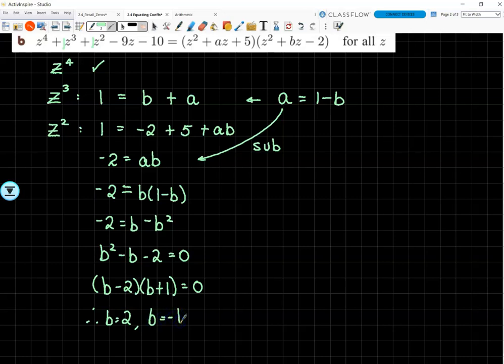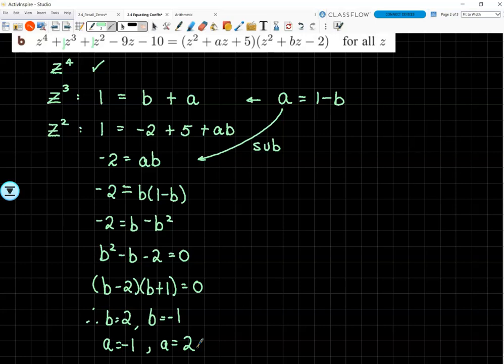And of course, when b equals 2, a will be, pop it back up here, yep, 1 take 2 is negative 1, and when b equals minus 1, a will be 1 take minus 1, 2.